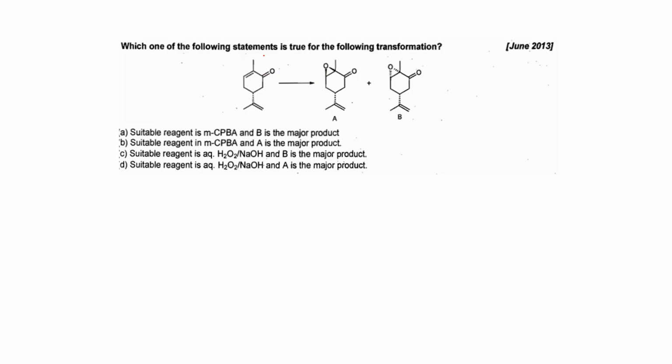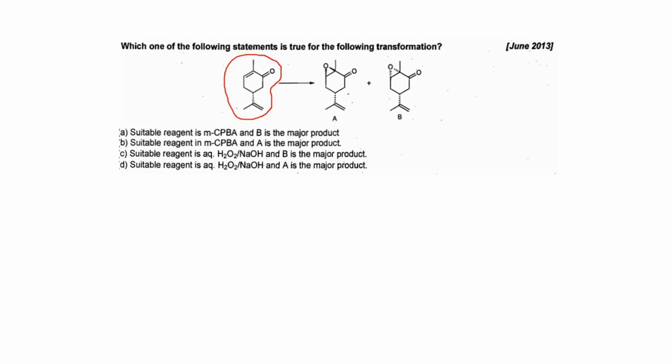They are given this compound and they have performed an epoxidation of this alpha beta unsaturated double bond, and they have shown both the products, one above the plane, one below the plane. Now they have asked which of the following statements is true.